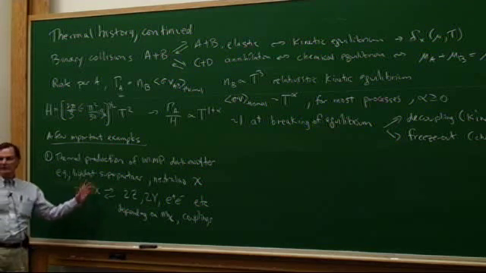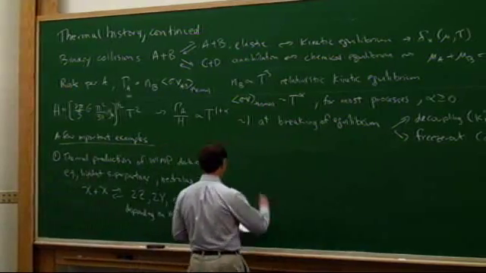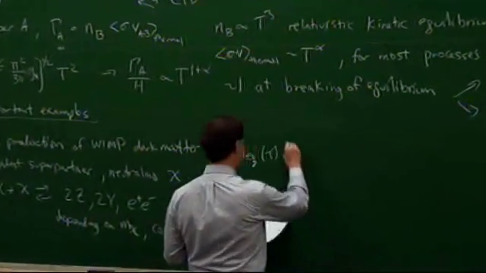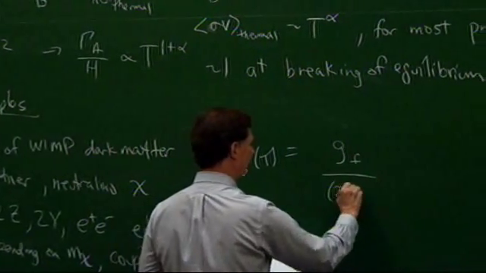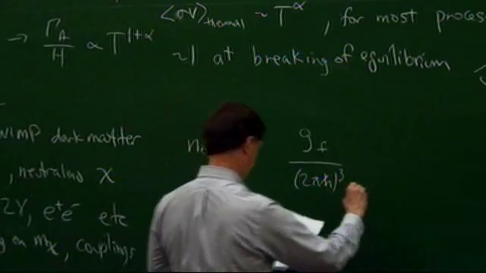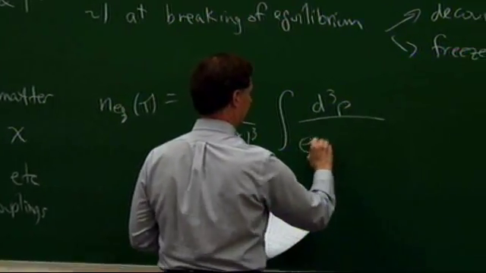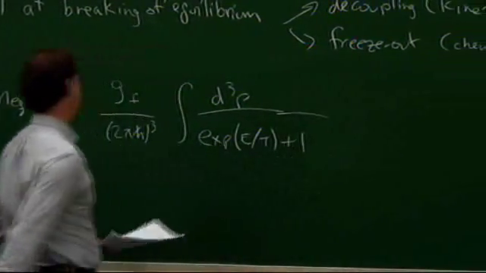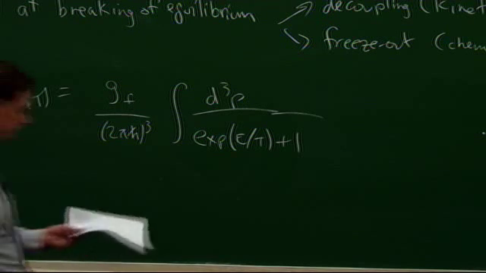Here, chi is its own antiparticle. So for a zero chemical potential, I have that the equilibrium number density as a function of temperature is just the spin degeneracy times the phase space integral. For a Majorana fermion, that would be the equilibrium density.